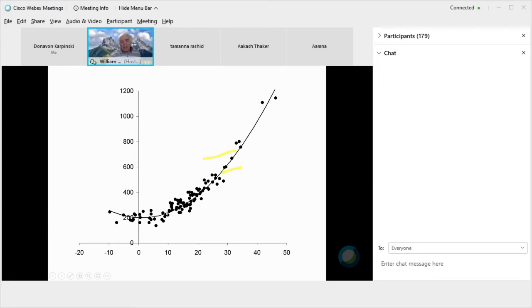Then here it's actually flattened out, and before that it was negative. So in nonlinear patterns, the rate of increase in y depends on x. In linear patterns, the rate of increase is constant no matter what the value of x is.